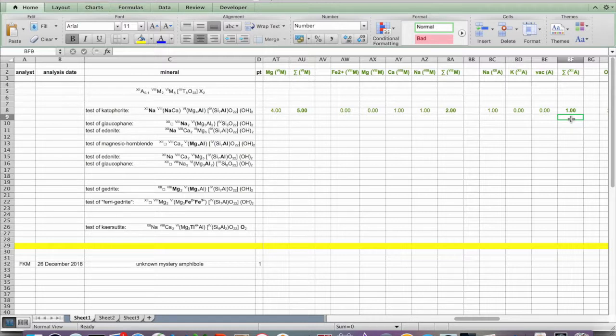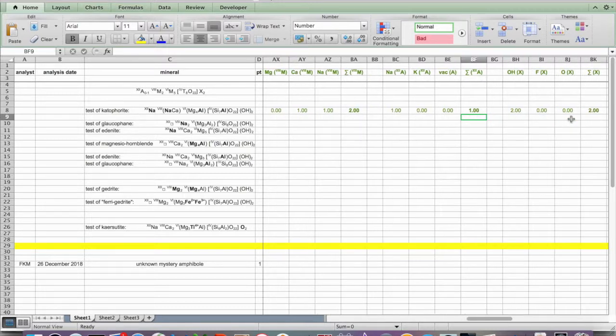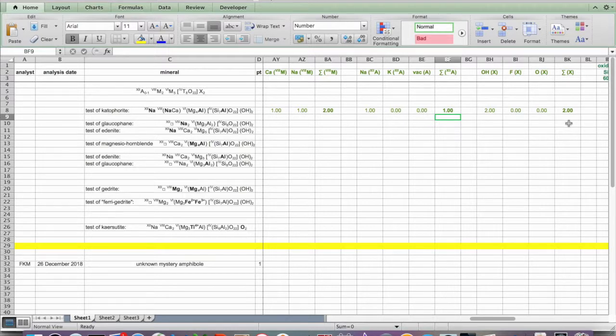Okay, so we have completed the site fillings for the anions already, and so all of our site fillings are done. So at this point, we could even name the amphibole, but I'm going to take a little pause here, and then we will actually move on to the oxide calculation, which is what you would report if you were putting this data into a paper, for example.